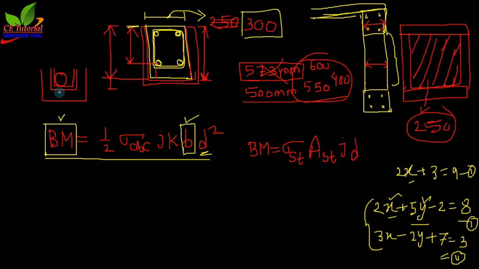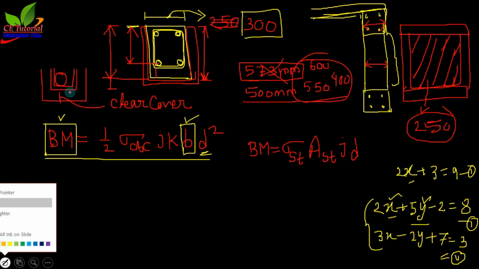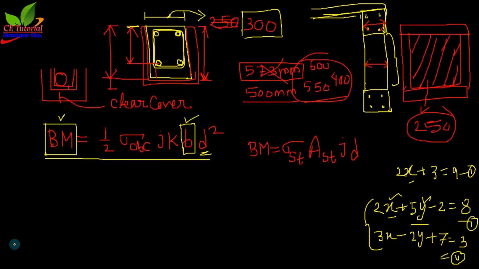Now this distance is clear cover, and this distance is dia of stirrup.